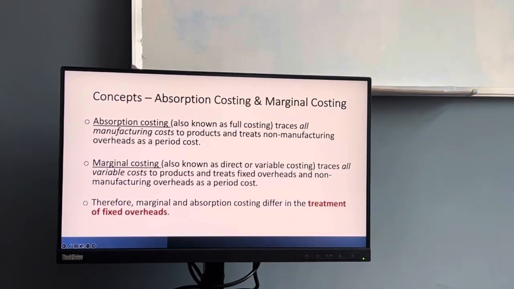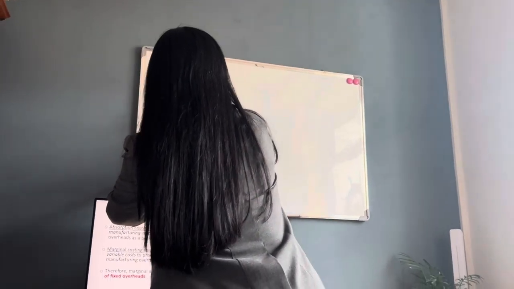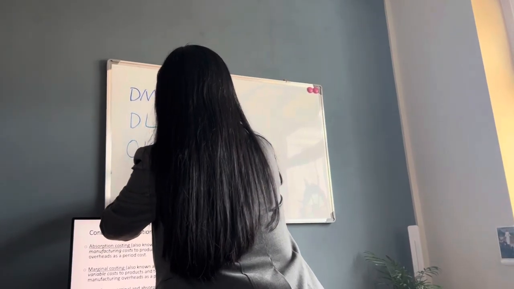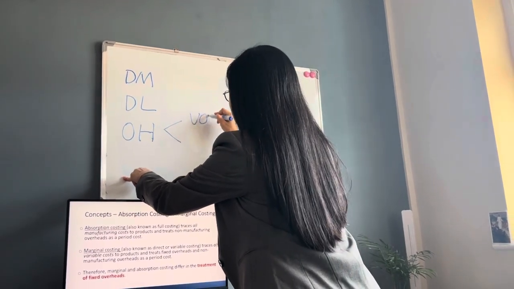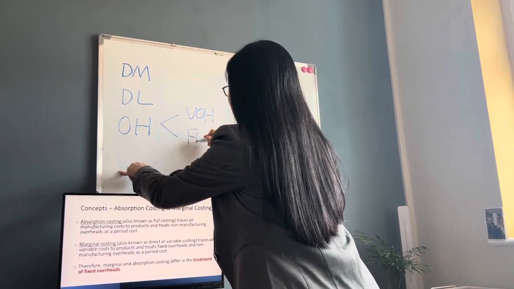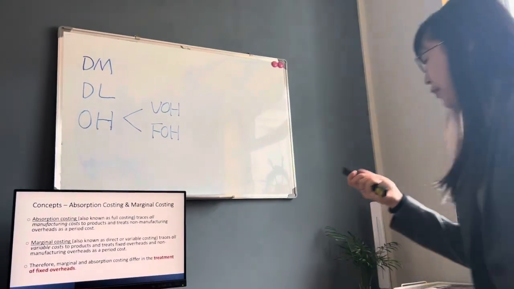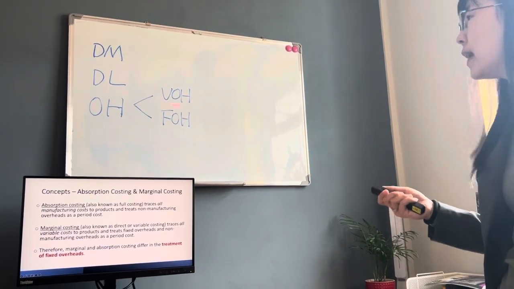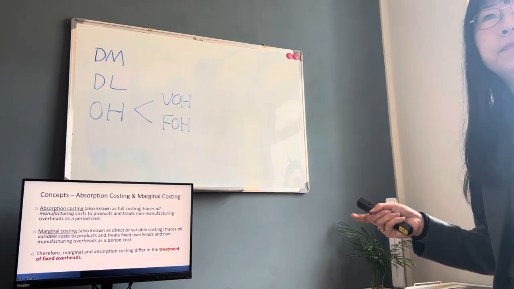So remember, we have direct material, direct labor, and overhead. Overhead can be further broken down into variable overhead and fixed overhead. So now we have two types of overheads to determine how we calculate a product cost.